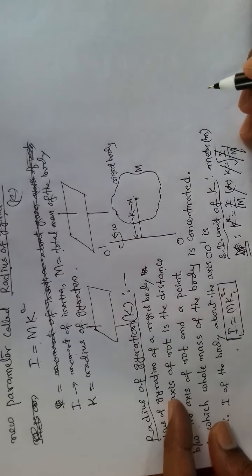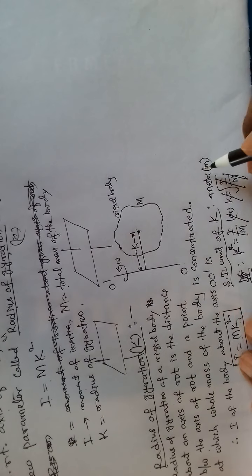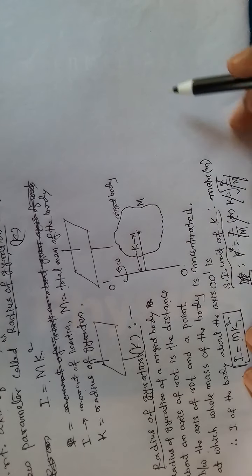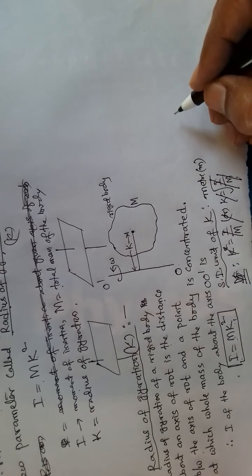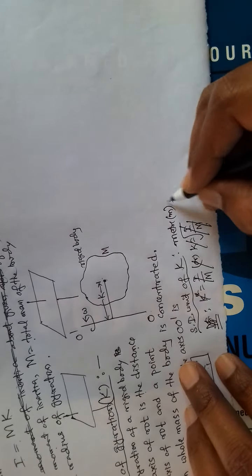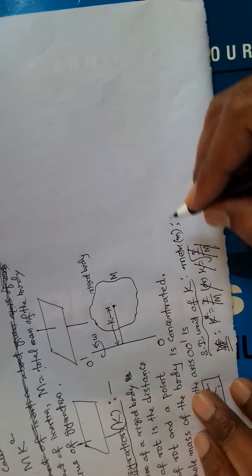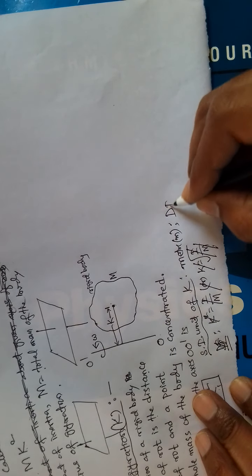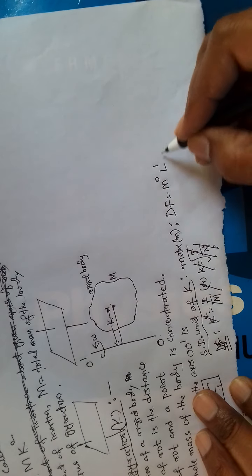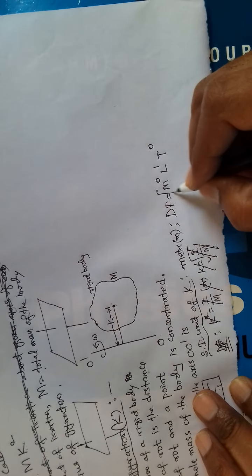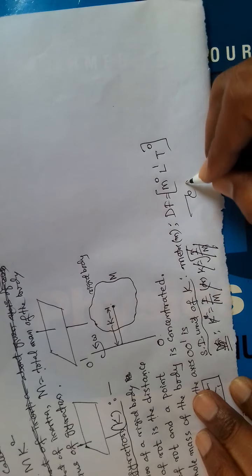The SI unit is meter, and since the radius of gyration is nothing but distance, which means L, the dimensional formula will be M power 0 L power 1 T power 0. That's all.